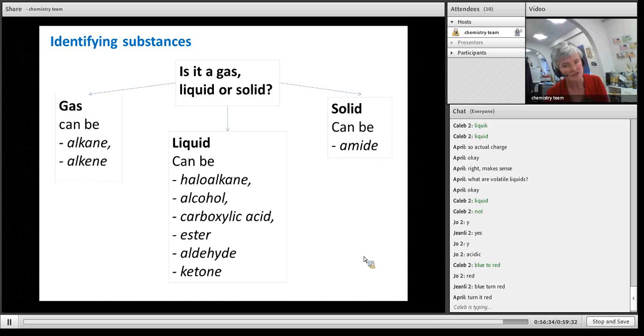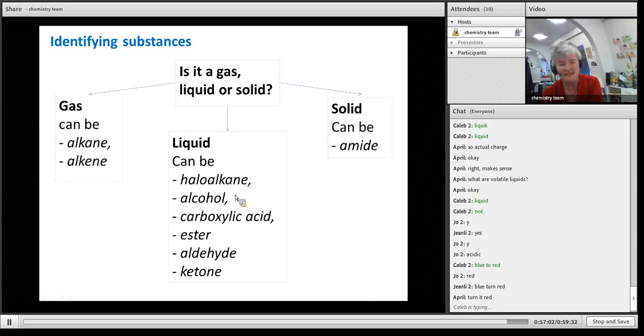So if it's a solid, it's probably an amide, unless it's a big molecule, like if you're given benzoic acid, which is a white solid. And you'd always be given the structure of a compound; I wouldn't expect you to know what benzoic acid is. I'd show you a structure. So the first thing you can look at is gas, liquid or solid, and this applies to short chain compounds only.